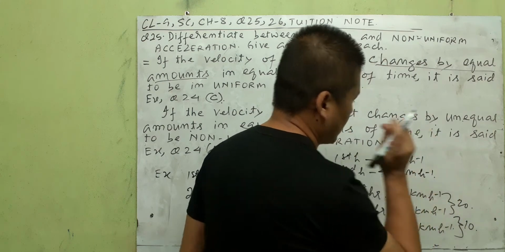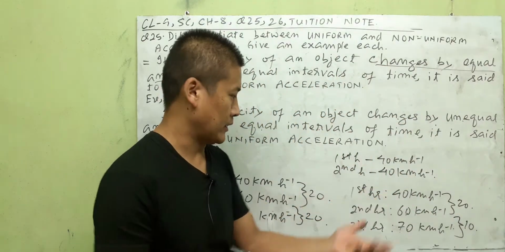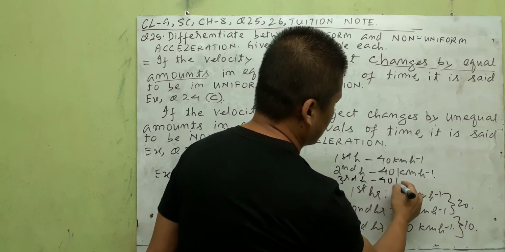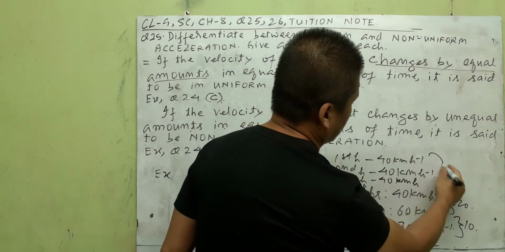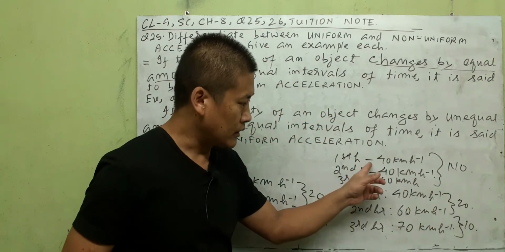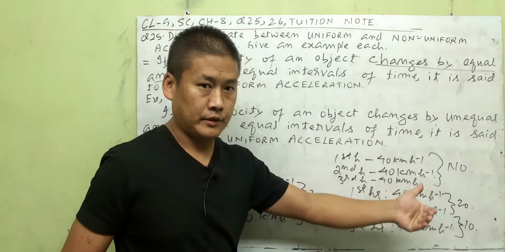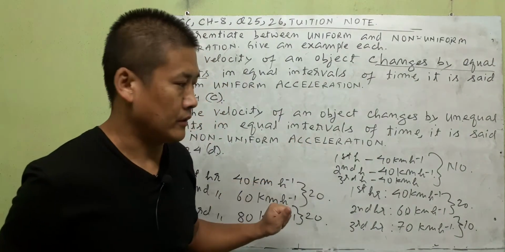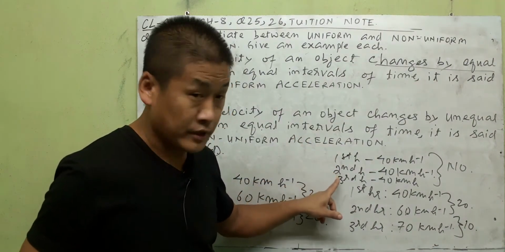The car is not stationary, it is moving. In the third hour also, there is no change in the speed. Then this is called no acceleration or zero acceleration. So when speed changes, that is called acceleration, right? So no acceleration or zero acceleration, but the car is moving.